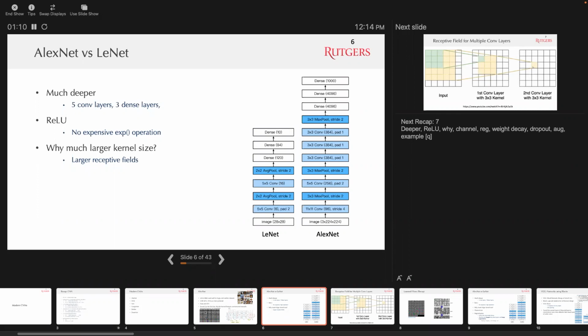What makes it different is that it uses ReLU activation as opposed to sigmoid activation, and it has dropout. All this is to make it more efficient in modeling larger images with larger datasets. The model is larger, therefore you can capture more complex patterns from a larger dataset.